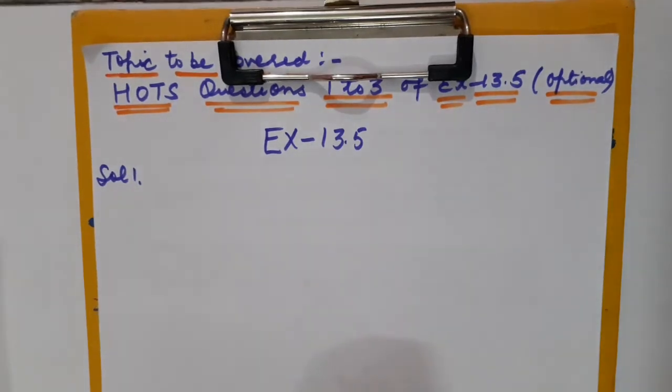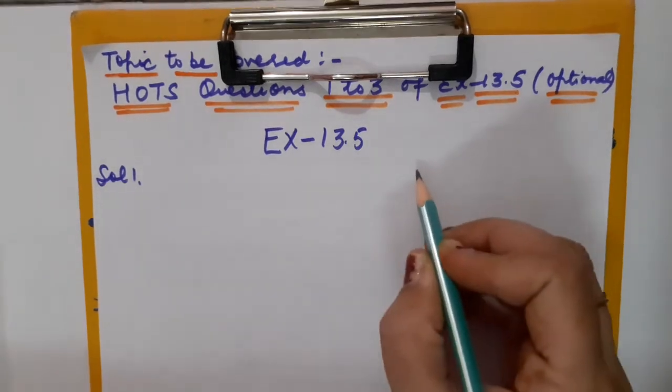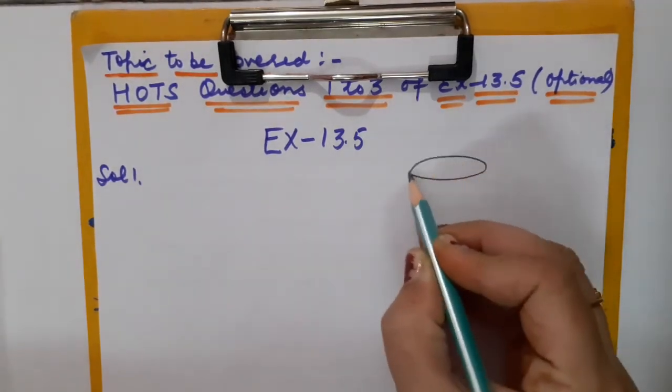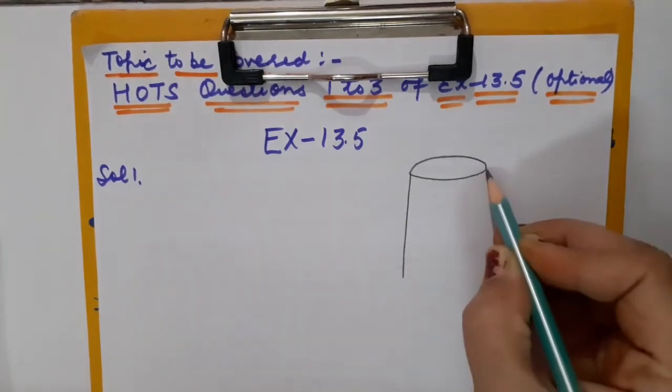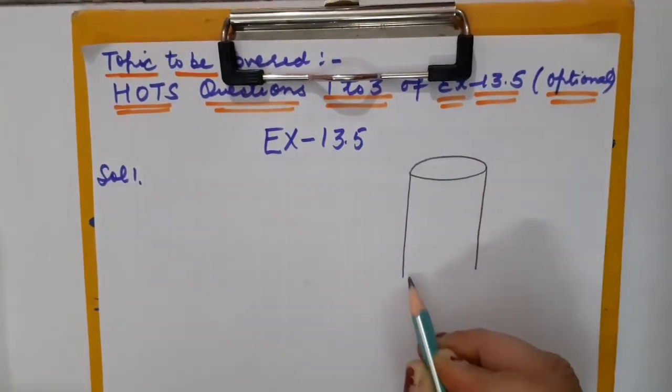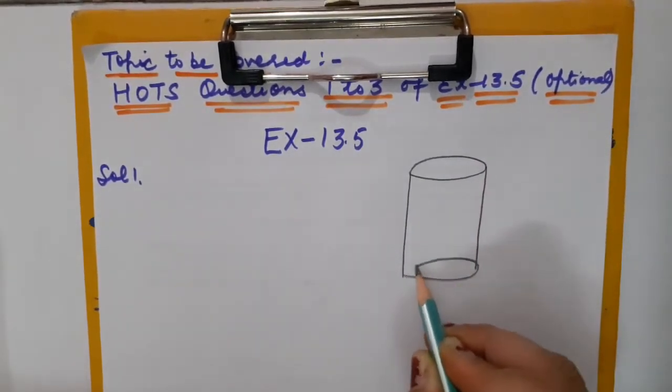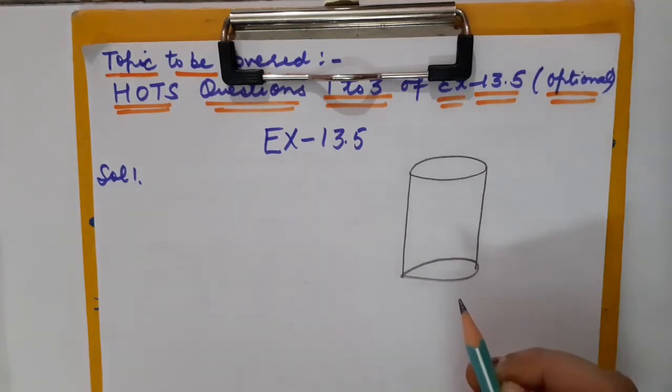What is the statement? Please listen to the statement of the question carefully. A copper wire 3 millimeters in diameter is wound about a cylinder. So first of all, there is a cylinder made. What is wound around it? That is a copper wire. Correct?